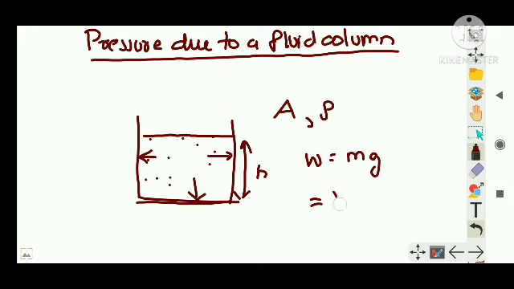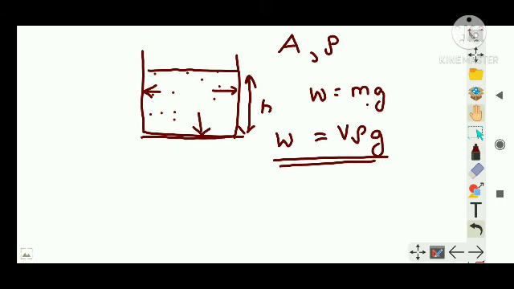I can write mass as volume into density, so weight is volume times density times g. This is the weight of the liquid which exerts a force at the bottom of the vessel, right? This much is clear, right?